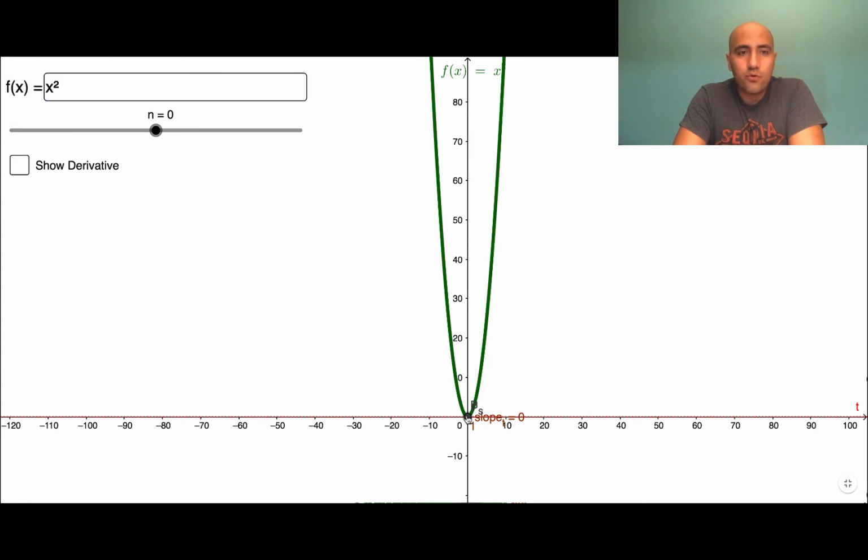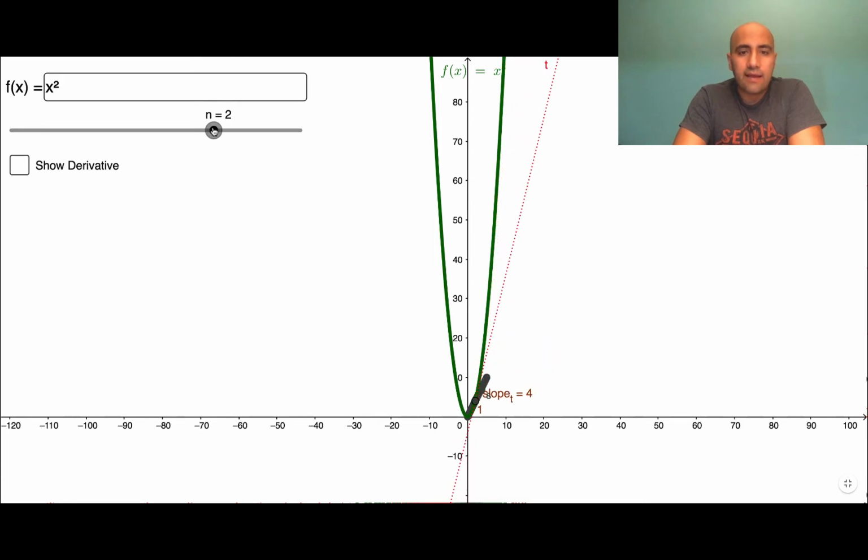And as I move this way, the slope becomes positive. At first, it's a very, very small positive, and then it gets bigger positive. And as I continue, this line here represents the slopes that I'm achieving. They're all positive, and they're growing that way.